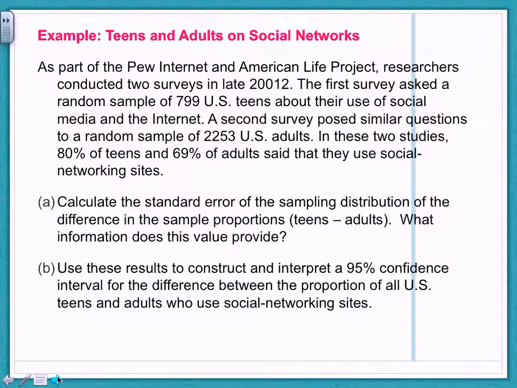In these two studies, 80% of teens and 69% of adults said that they use social networking sites. So we're going to calculate the standard error of the sampling distribution, and then use the results to construct a 95% confidence interval.